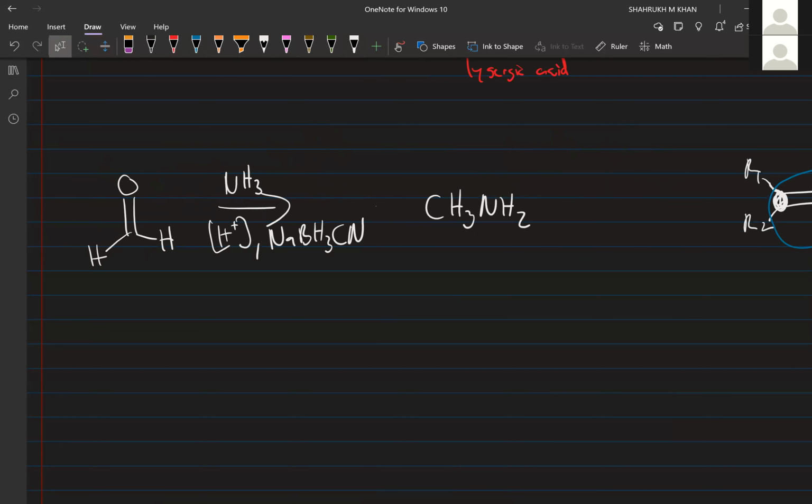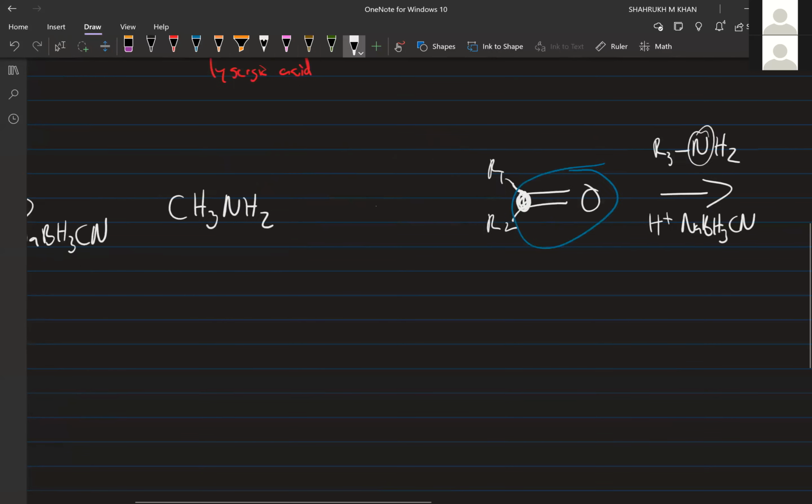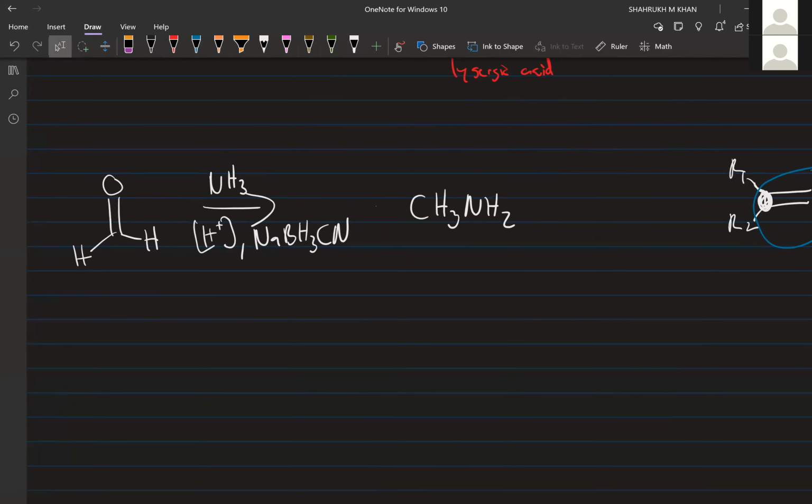So here, the only thing is our R groups are H's. Here, if you think about this, this is our carbon, and there were two H's. So if I drew this like C, N, NH2. When we have ammonia, we just lost one proton. So that's where the NH2 is coming from.